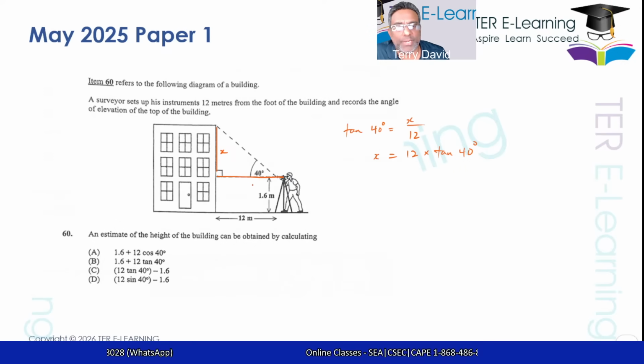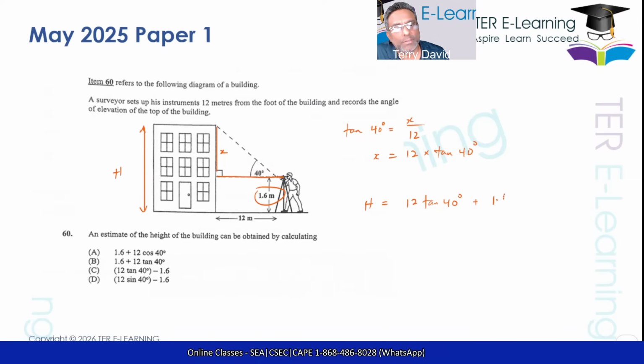But you want to get the height of the whole building. That's this whole height here, so let's call it big H. So big H is simply going to be x, which is 12 tan 40, plus the 1.6 here. So that's our height of the building: 1.6 plus 12 tan 40, which is B. The answer is B.